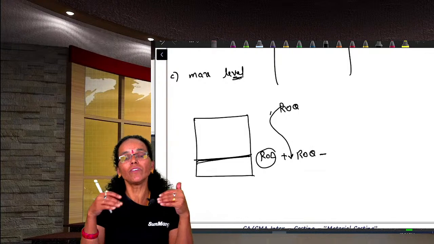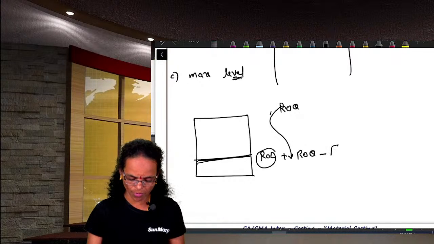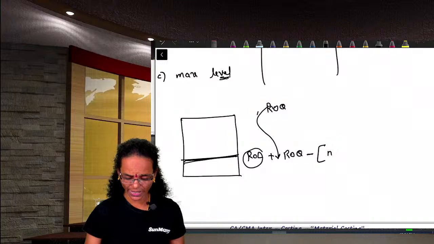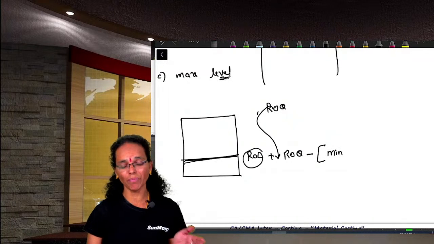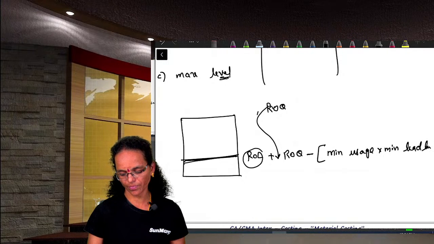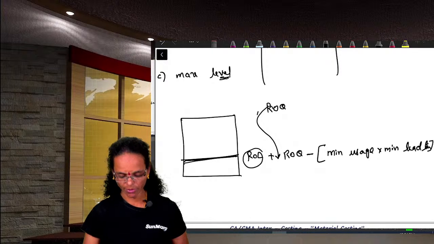Minus from this, we will be utilizing some units. So we think that here we will be utilizing minimum usage into minimum lead time. Getting my point?